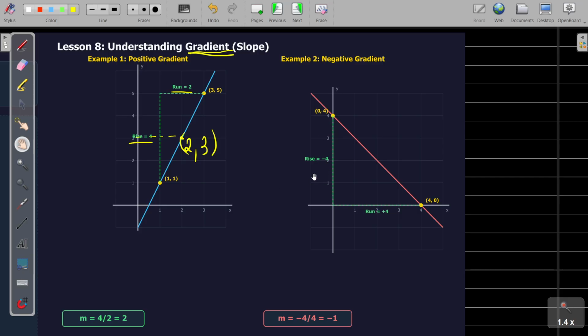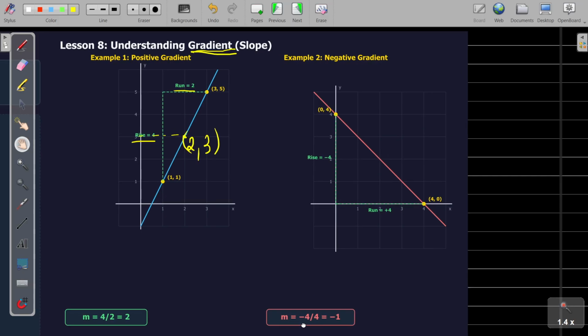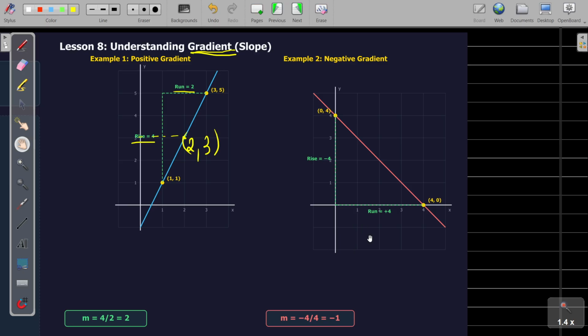We have rise, which is negative 4, the first number, and run, which is the positive number. If you remember back in year 7, or year 6, a negative divided by a positive is a negative. So 4 divided by 4 is 1, of course, and then if you add a negative, it's going to be negative 1. This gradient is going to be negative 1 because it's going downhill.